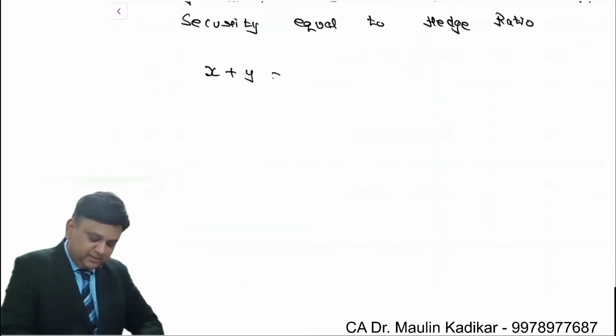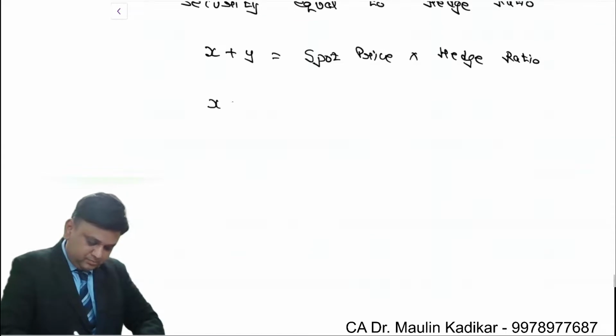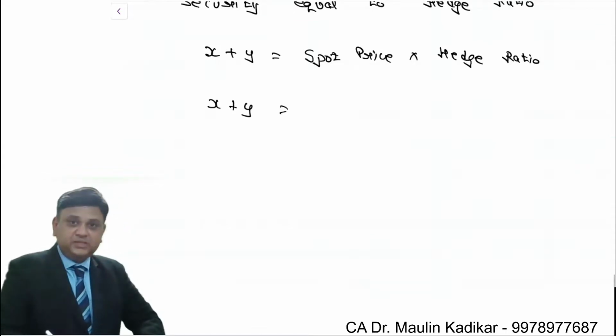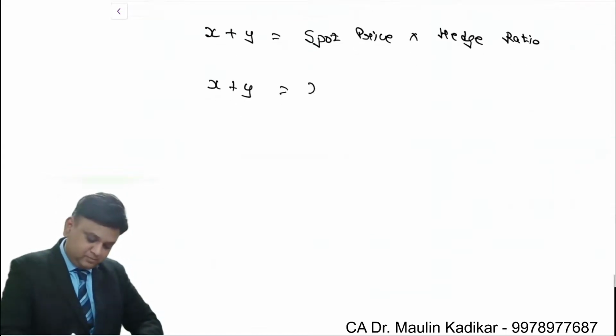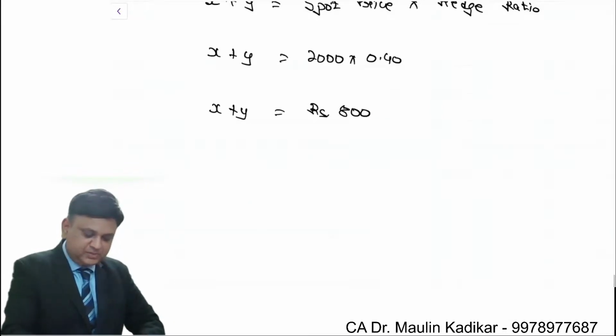X plus Y is equal to spot price into hedge ratio. X plus Y is equal to 2000 into 0.4. X plus Y is equal to 800.